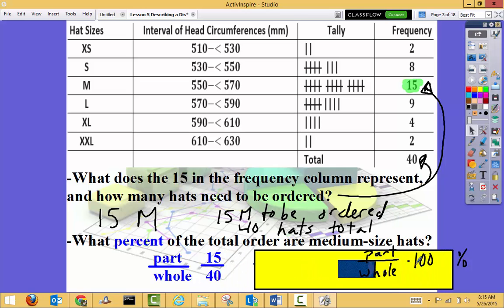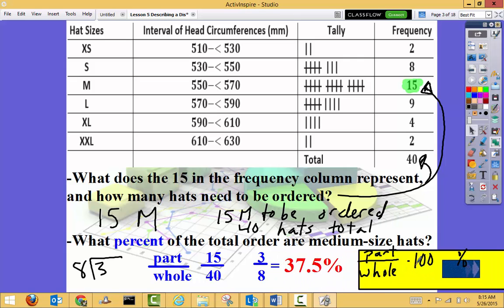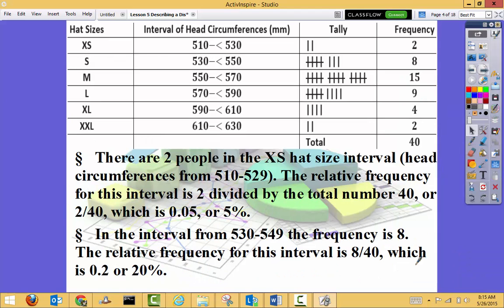I can reduce that to 3/8. When I do 3 divided by 8, I get 0.375, which is 37.5% when I multiply it by 100. So what percent is it? Well, 37.5% of my hats are to be medium.